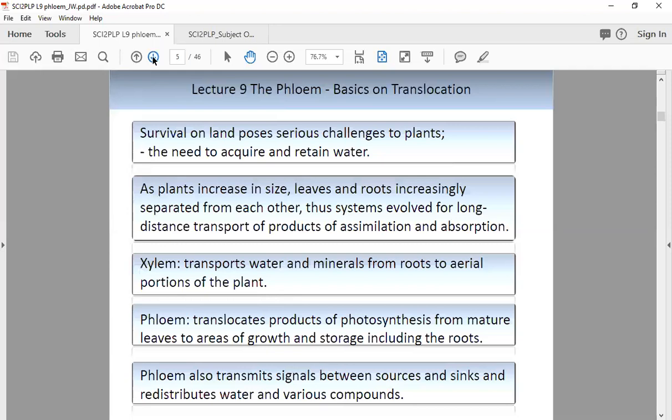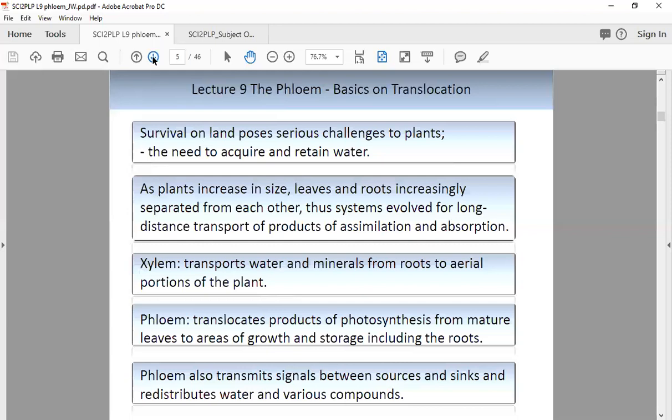So the word translocation simply refers to movement of the products of photosynthesis, that is photosynthates, from a source where they're synthesized to a sink, to part of the plant that's called a sink. And of course, this translocation occurs in the phloem.